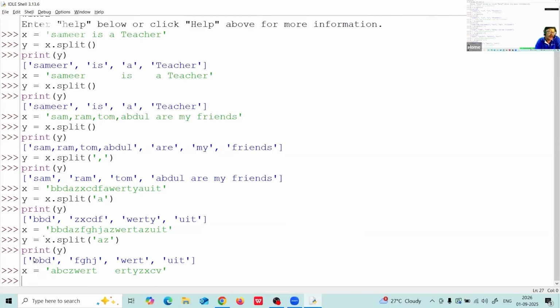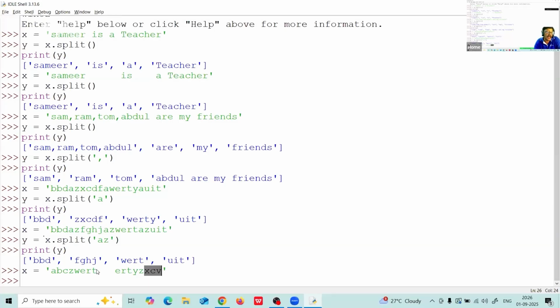And the requirement is that I want to split the string if Z is encountered. So Z is my delimiter. See, Z is there. So ABC should be a split string, then no action taken for Z. Then here also you see ERTY, because after ERTY there is Z, correct? And then the last word should be XCV.